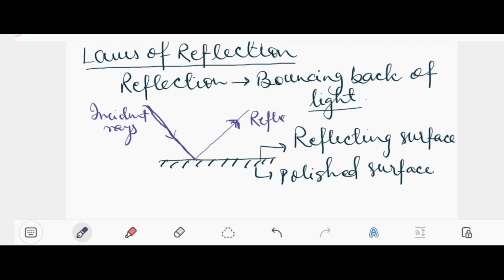At the point where the incident ray strikes the surface, we draw a perpendicular line to the plane, and we call it the normal. So we have three things: the incident ray, the normal, and the reflected ray.